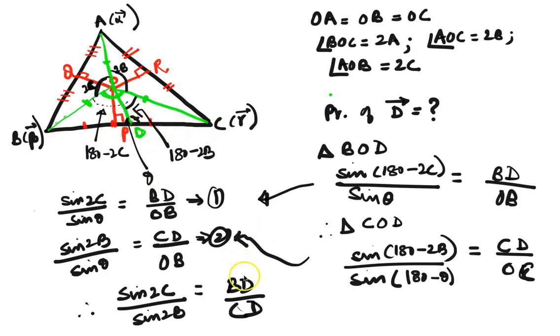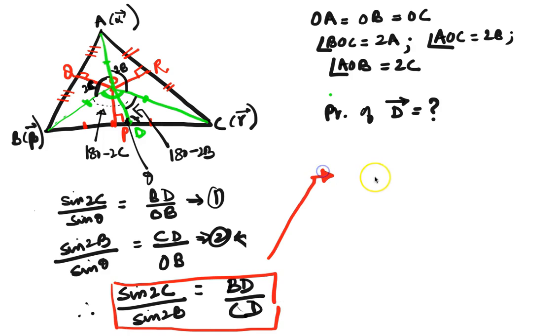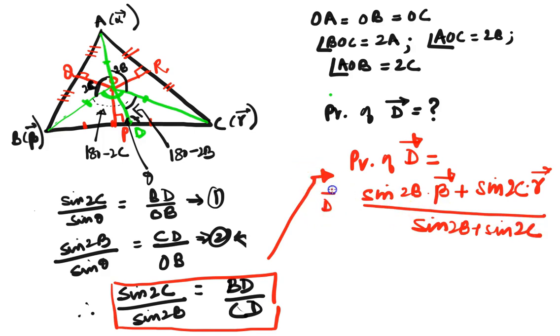So if I now apply the section formula, that will give me the position vector of D as the ratio of CD, which is sine 2B, into the beta vector, plus sine 2C, which is this ratio BD, into the gamma vector, upon sine of 2B plus sine of 2C, which is the D vector.